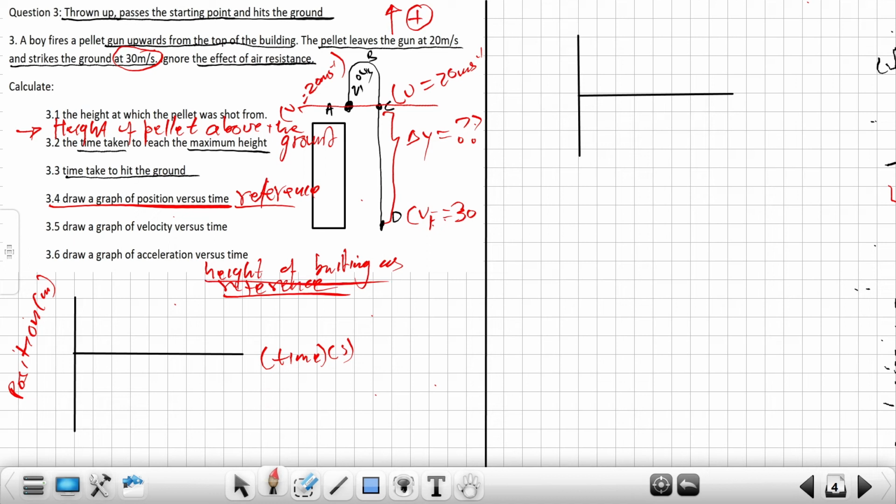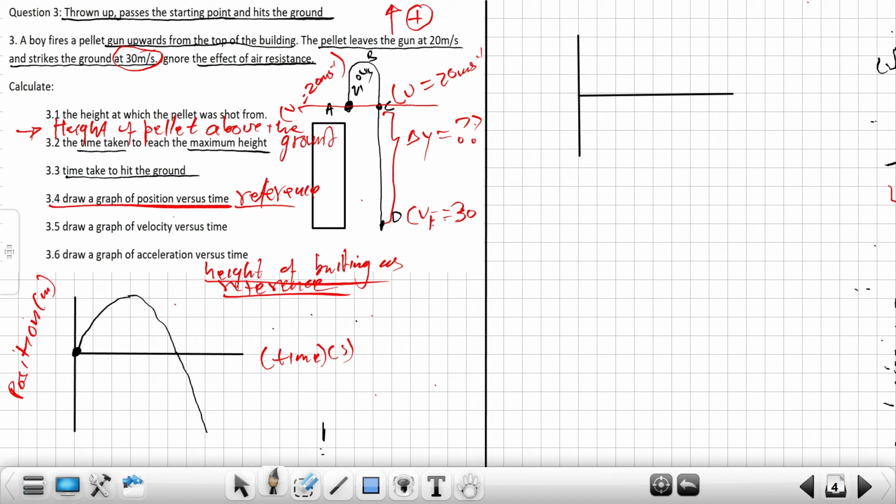Fine. So if I'm going to draw this graph using the height as reference, it means it should start at 0, move up, reach a certain maximum, and then drop to a certain height, and then pass the building and then hit the ground.